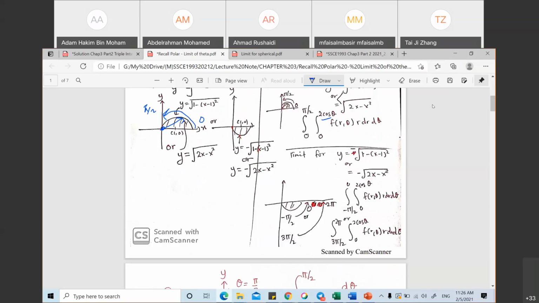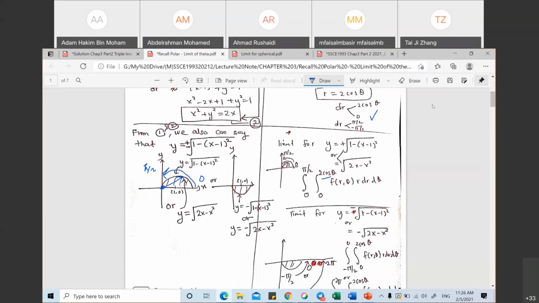If it is plus or minus, this is a different thing. If plus, it is 0 to pi over 2, 0 to 2 cos theta. If you have minus, then we have 0 to 2 cos theta, the same radius, but your angle is negative pi over 2 to 0.